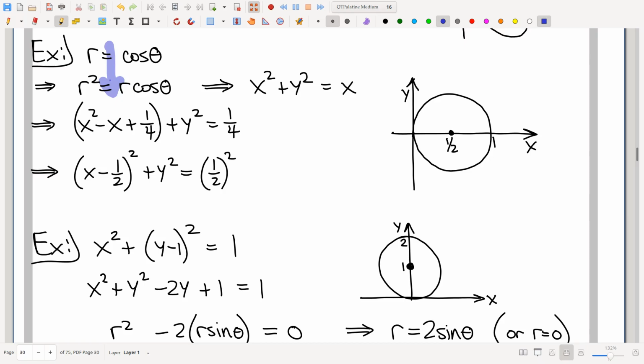And why did I choose to multiply both sides of the equation by r? The answer is because then both sides of the equation turn into something that's convenient to rewrite in rectangular coordinates. So it's a trick for your bag of tricks, right? We don't do it because that's how you solve it or something. It's just a clever little move.